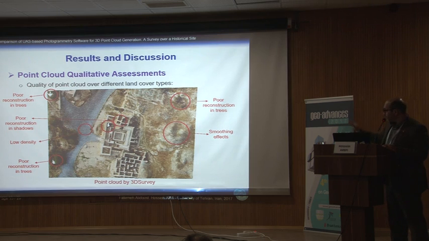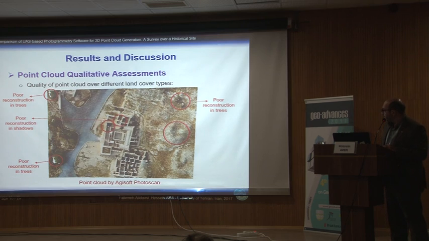If we look at the other images, for example the one we got from Agisoft PhotoScan, this smoothing effect is not that visible. That means we have fewer points here, therefore the algorithm has smoothed the area a bit. Again, we have some poor reconstruction on trees.